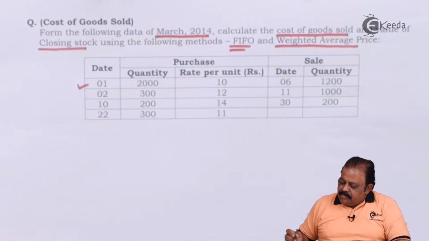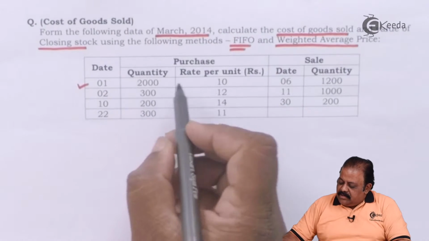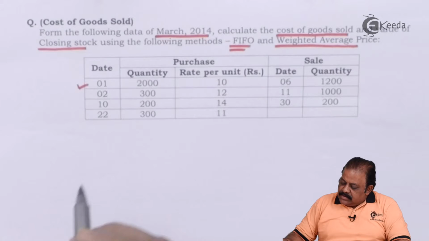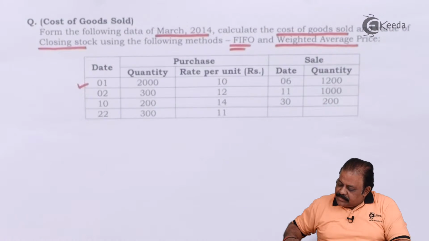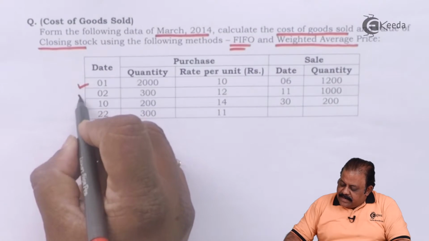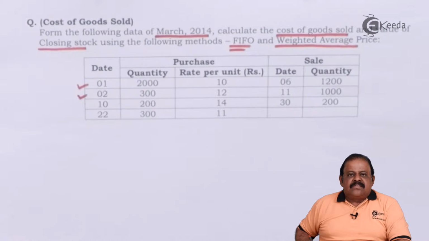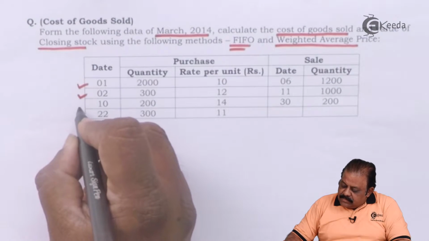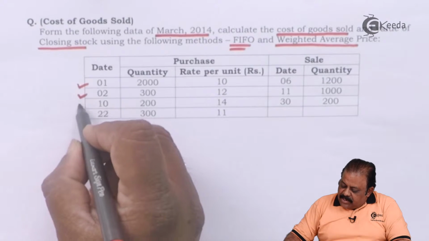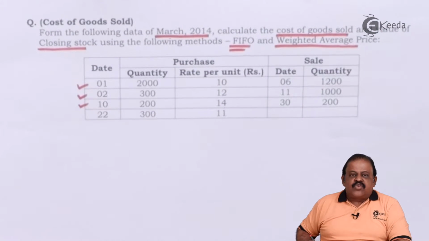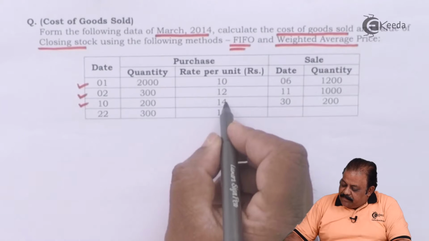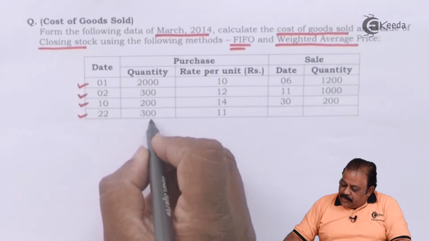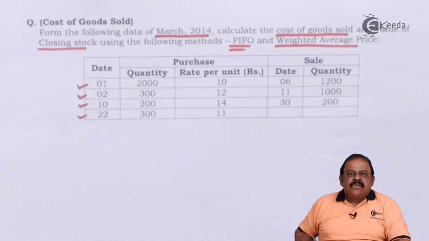First March, purchase 2000 quantity, rate is 10 rupees. Second March, purchase is 300 units at the rate of 12. 10th March, purchase is 200 units at the rate of 14. 22nd of March, purchase of 300 units at the rate of 11.